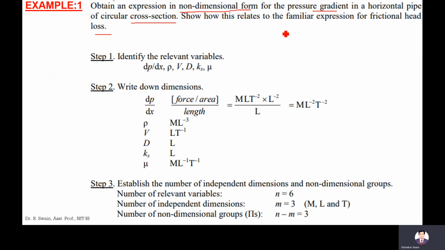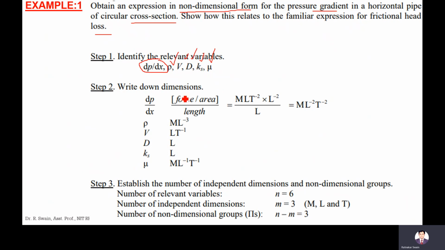That must be given in the question. This pressure gradient is found to depend upon the density, velocity, diameter, roughness thickness Ks, and mu, the coefficient of dynamic viscosity. So dp by dx depends upon rho, v, d, Ks, mu.